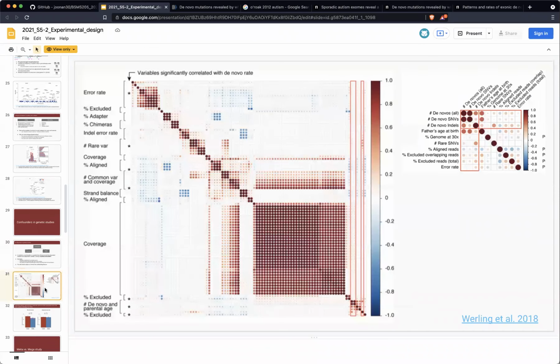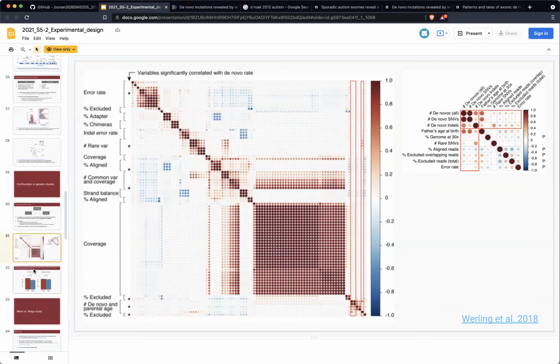What people do is look at how much these confounders interact with your genotypes, right? So you basically do some exploratory analysis to look at this information. We cover more of the hands-on, practical experiments in the biostatistics course in the second semester.